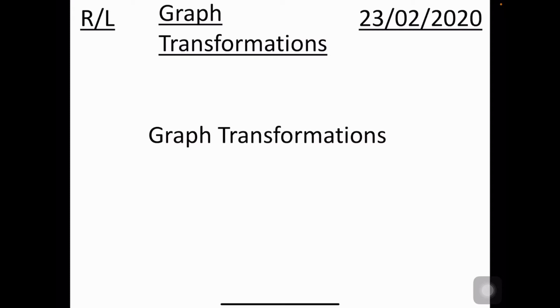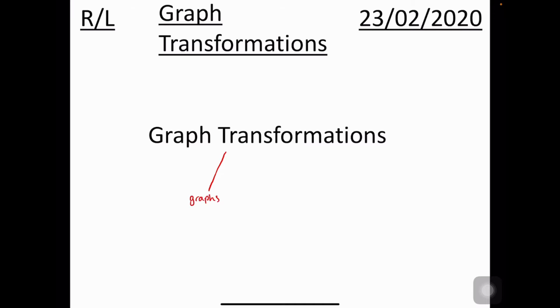Okay, so with graph transformations, the reason why I asked you to plot trigonometric functions is because we will be transforming them during this lesson, as well as some other graphs. For graph transformations, you need to have a good understanding of graphs.